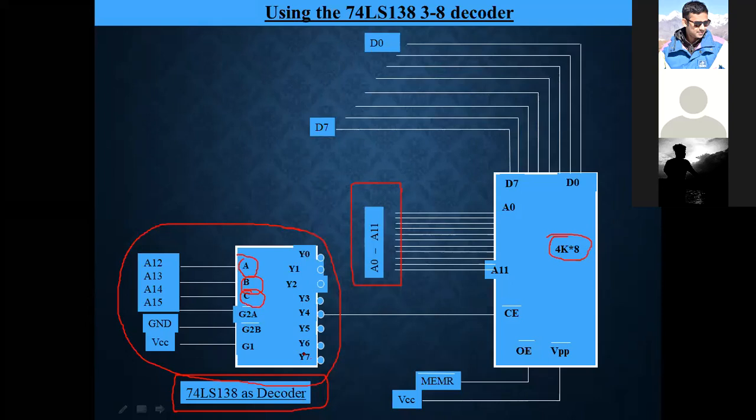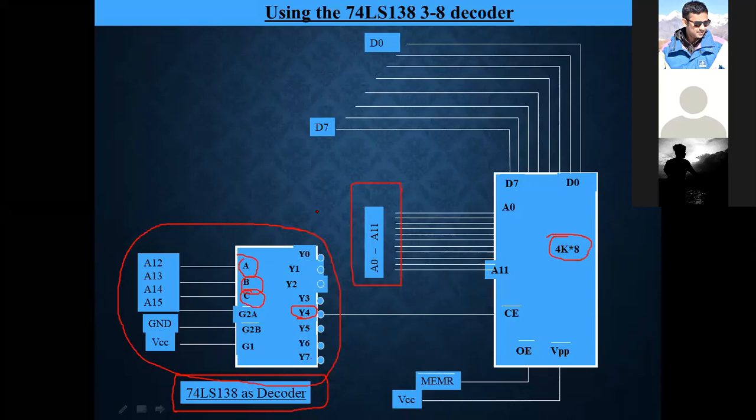It will also be mentioned which particular output line should be selected, like here Y4 is selected. Now we are forming a truth table. There are three address lines, A, B, C, and this is the output Y.